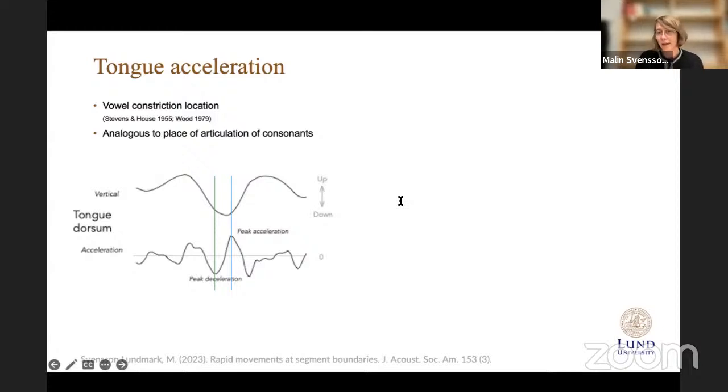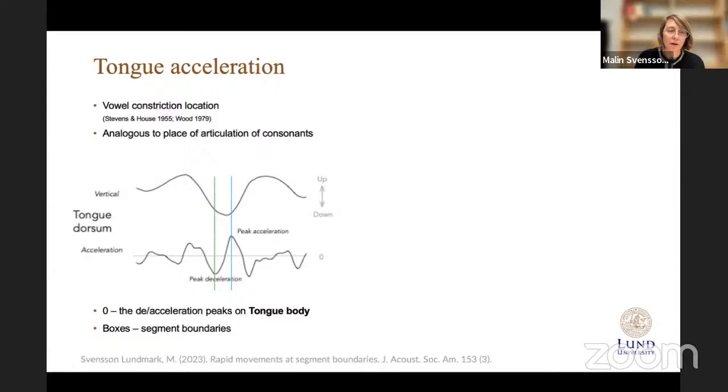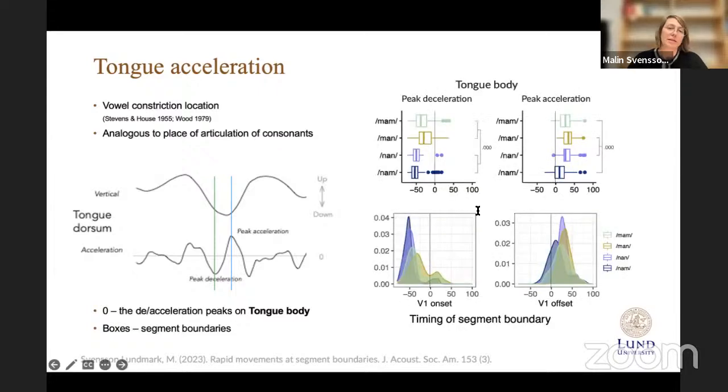So again, using the EMMA data on the 18 Swedish speakers, we find some results. Again, acceleration peaks are now at 0, and the boxes are the segment boundaries. So the acceleration peaks, both the deceleration and acceleration peak. Okay, so the deceleration peak at onset lags behind the segment boundary.